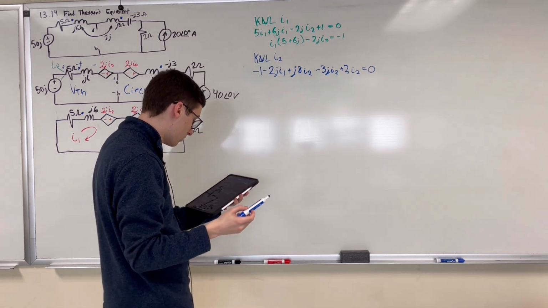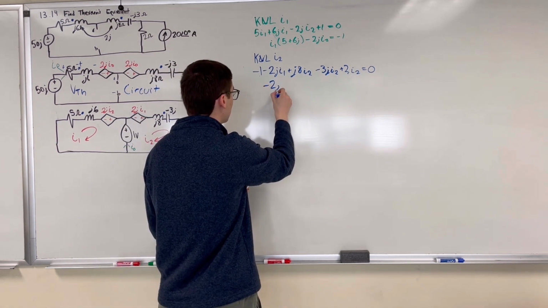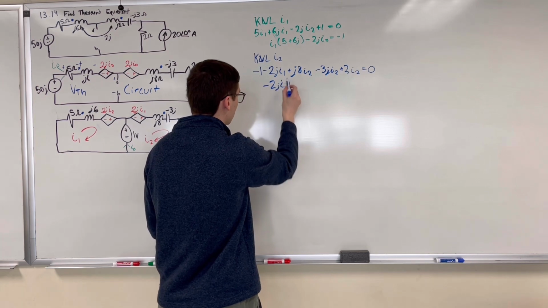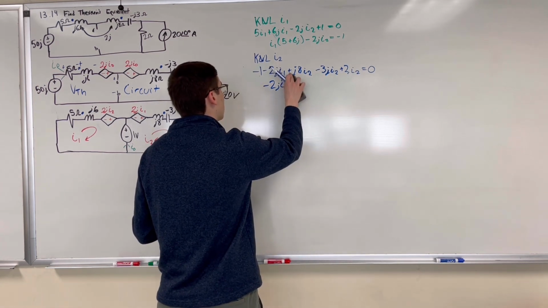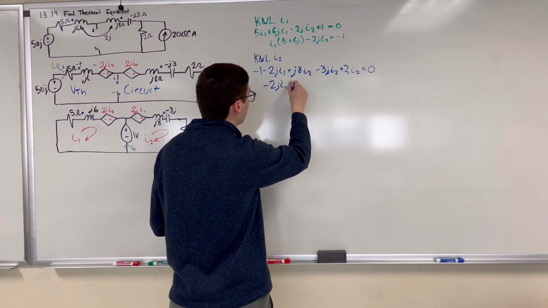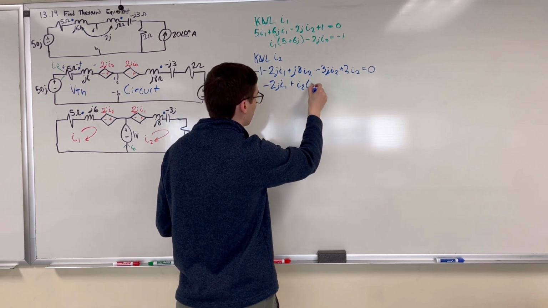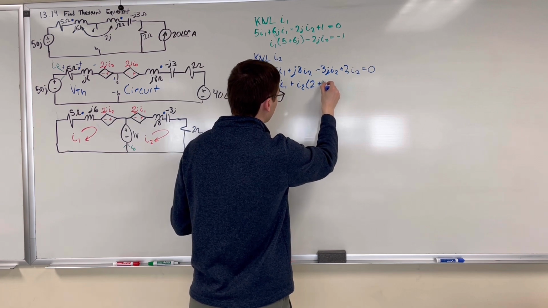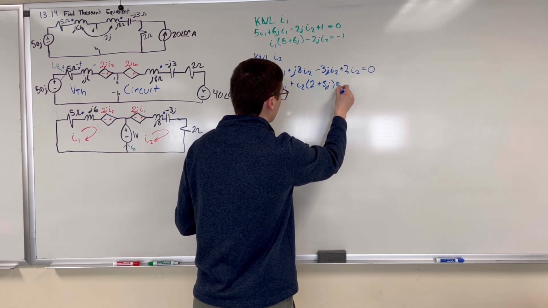Moving stuff around, you get negative 2J I1 plus I2 times (2 plus 5J) equals 1.